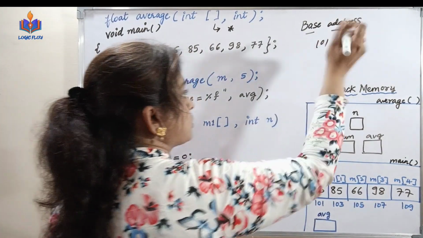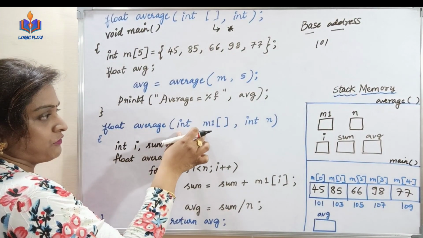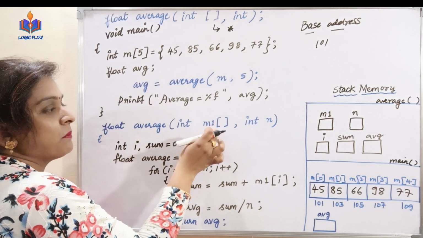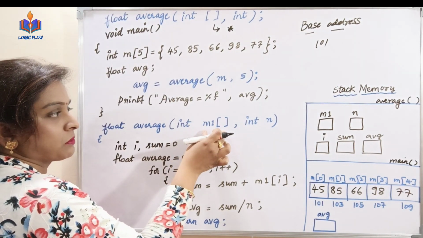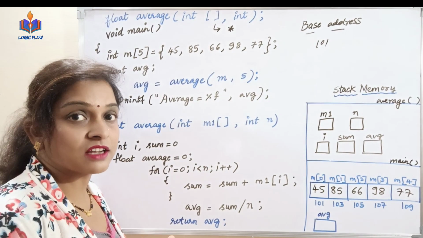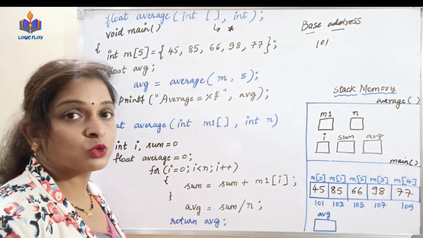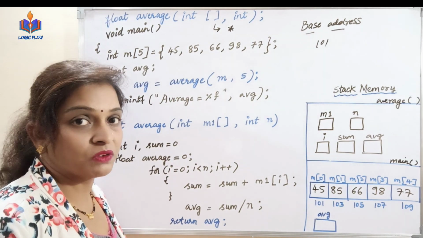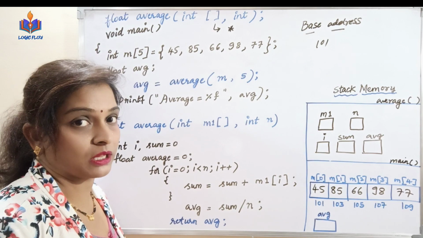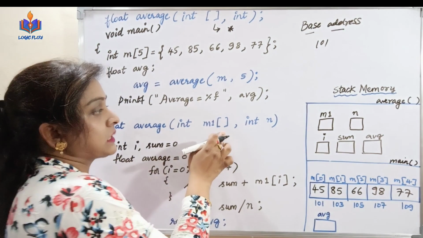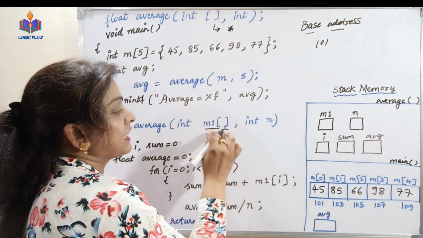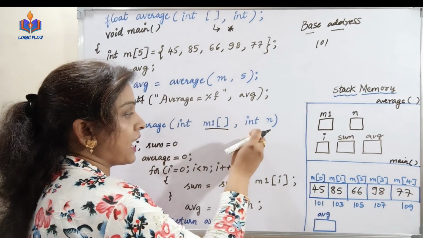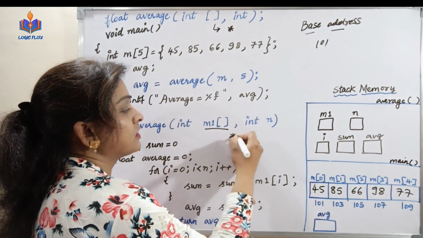It is 101. And in the function definition part, see here, I am receiving this with an array subscript. So what do we think? A duplicate array will be created and all the values will be stored in the duplicate array. That we will think. No, that's wrong actually. When we have the array subscript like this, that particular line will be interpreted as a pointer.